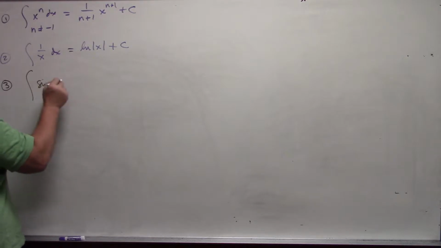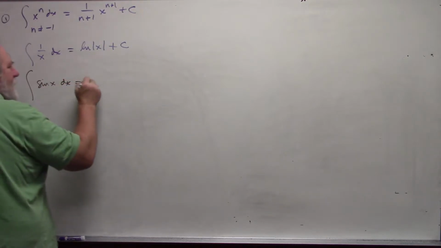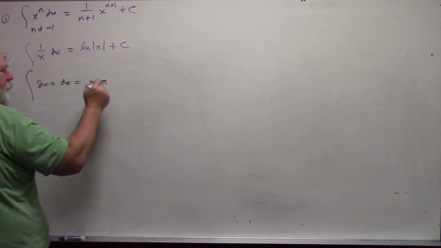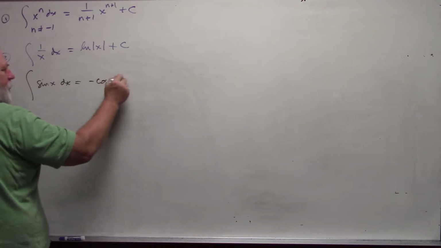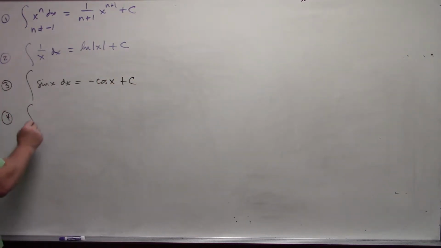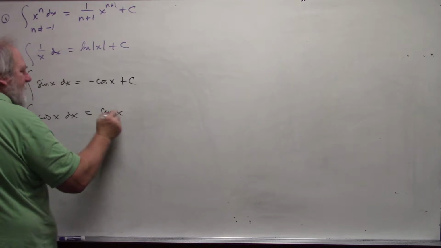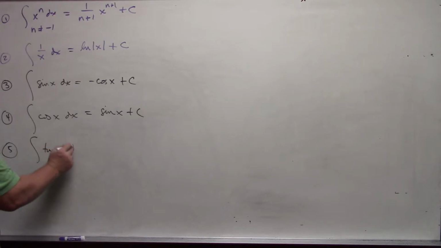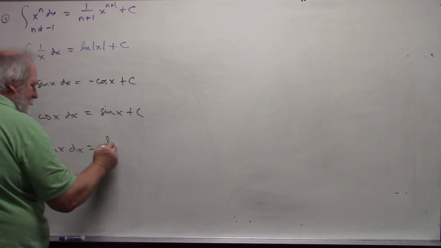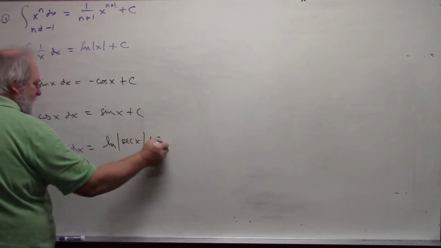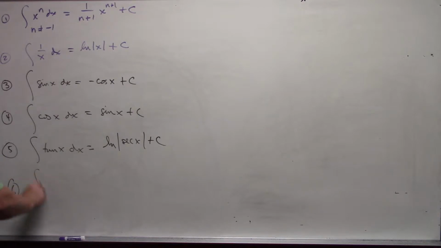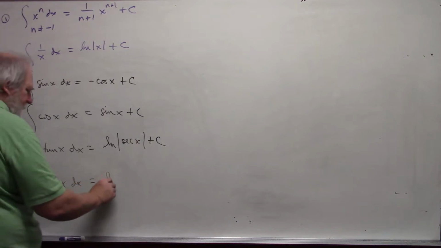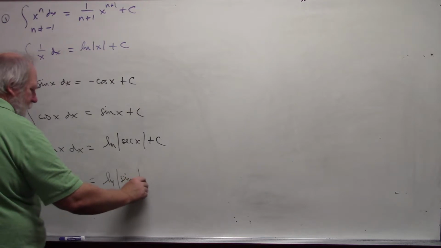The antiderivative of sine of x is the negative of cosine of x plus c. 4, the antiderivative of cosine of x is sine of x plus c. 5, the antiderivative of tangent of x, we just talked about, is the natural log absolute value of secant of x plus c. 6, the antiderivative of cotangent of x is the natural log absolute value of sine of x plus c.